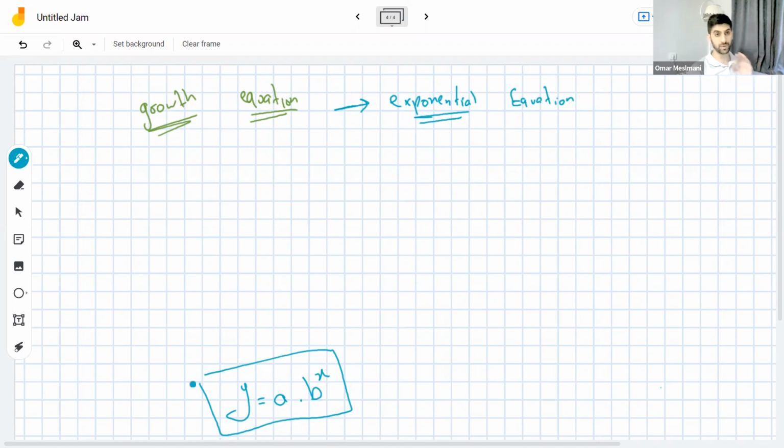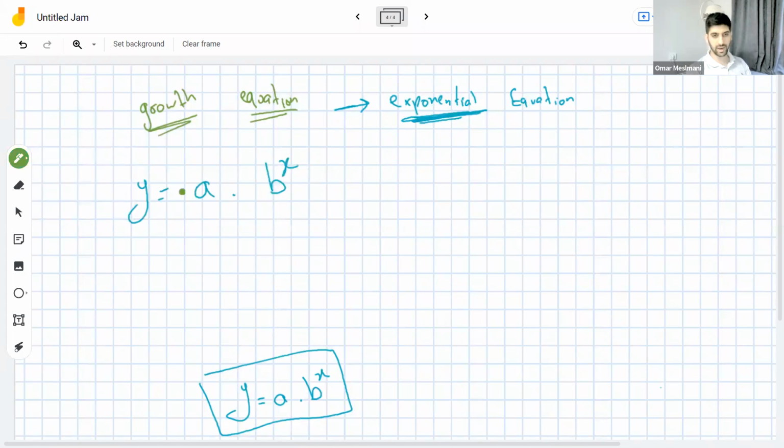The most important part, listen to me carefully. The most important part of the exponential equation is to understand the difference between the exponential equation and the linear equation. Let's start with the exponential equation. What is the form of the exponential equation? As you said, Tasneem, it's y equals a multiplied by b power x.